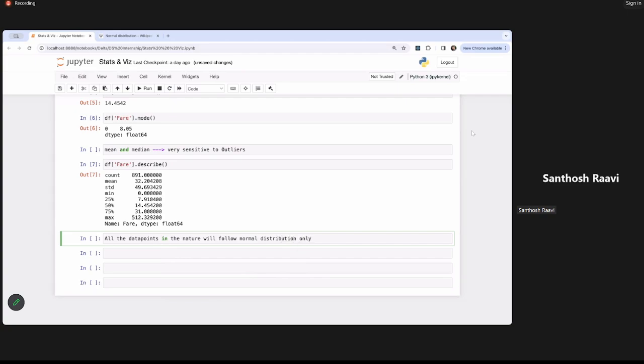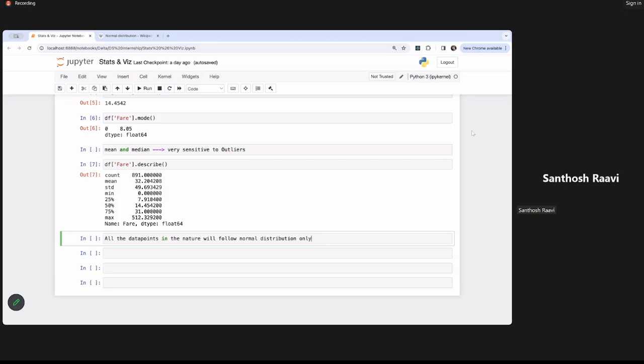For example, you are conducting a survey that includes the water consumption in a particular region. If it is an industrial area, then water consumption will generally be high. If it is residential, a bit less. If you are doing any survey for collecting data, then that data will follow the normal distribution for sure.